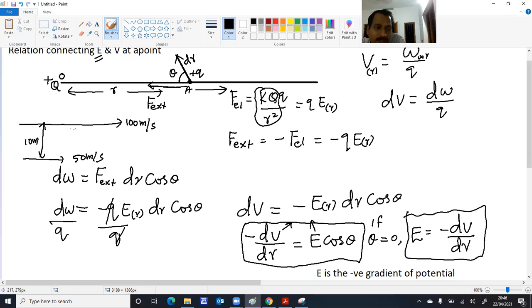So what is the change in velocity between the two layers? 50 meters per second. That is for how much distance? 10. So the velocity gradient is 5. For 1 meter, how much? 5 meters per second per meter. So gradient of a quantity will tell you how much it changes per meter.